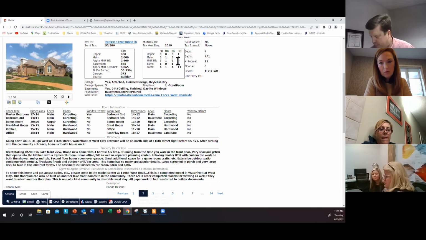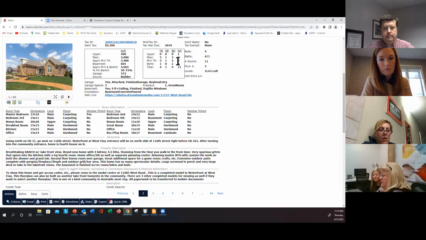We have finished and unfinished square footage above grade, and the same below grade. So it's going to be an education process for people to understand that we do have these fields and that we could correct the data. It's not anything that would get changed overnight.